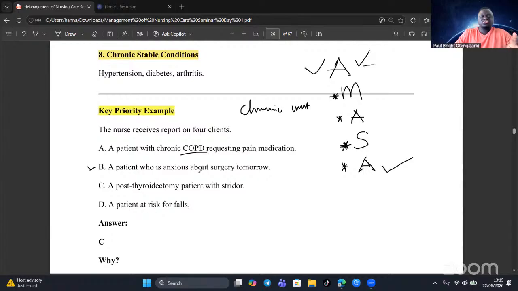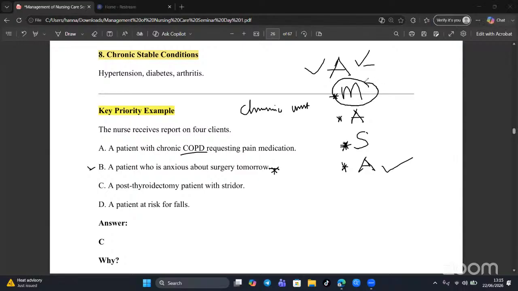A patient who is anxious about surgery tomorrow. This guy is having what? Maslow. Okay, good. See, a post-thyroidectomy patient with stridor. ABC. Thyroidectomy, airway problem.